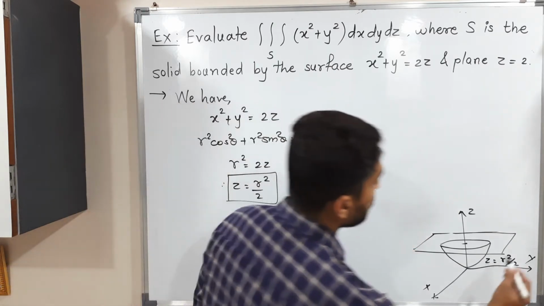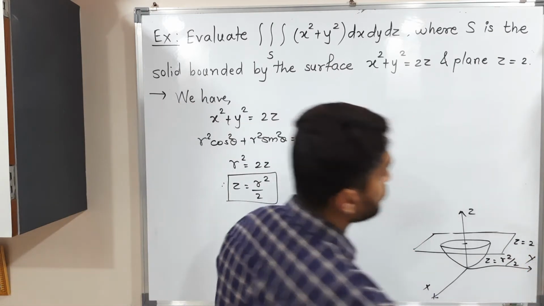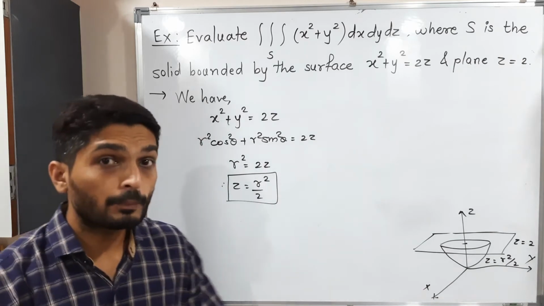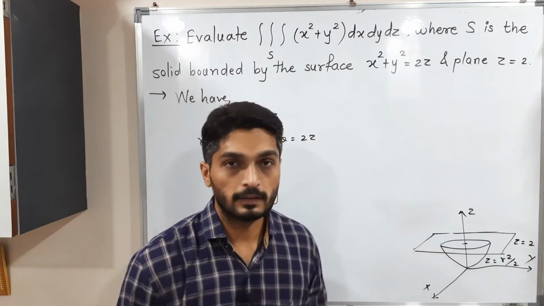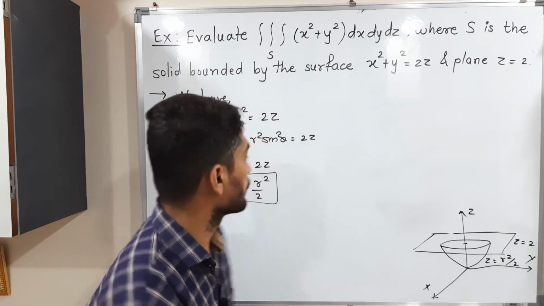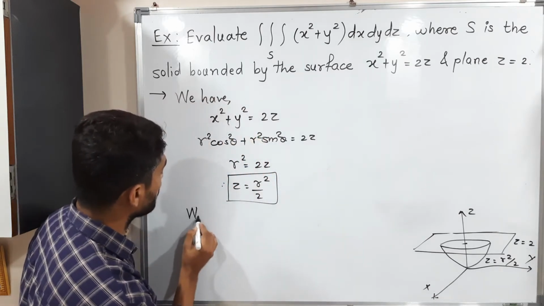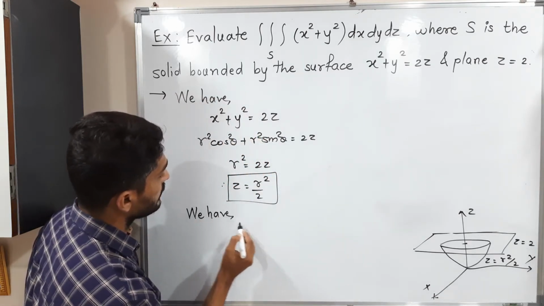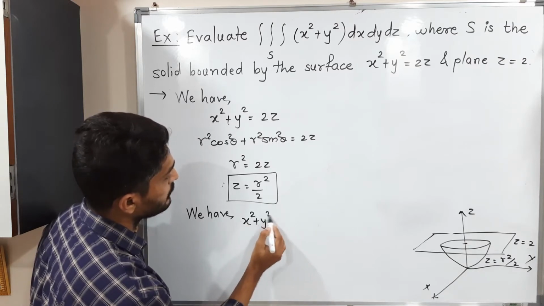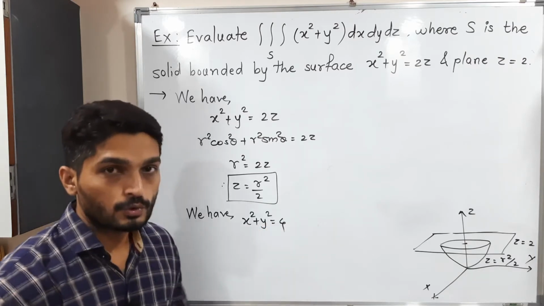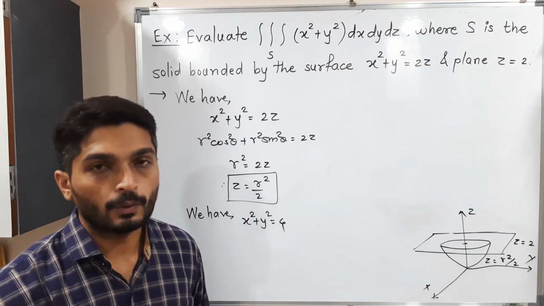The equation of the plane is z is equal to 2. We have one more equation, that is the equation of the circle, the curve of intersection we have got. What was the equation of the circle? It was x square plus y square is equal to 4. Let us convert it into the cylindrical coordinate system.